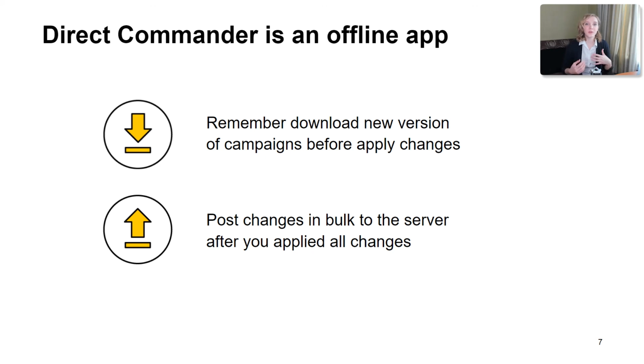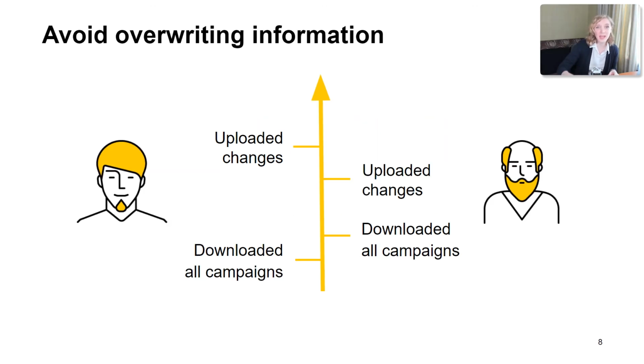Also, if you're working with a partner, you have to create one more rule to avoid another kind of mistake, to avoid overwriting situations. Let's imagine you downloaded all campaigns and you want to apply changes, for example, to ads, and you start working with them. Your coworker also downloaded all campaigns.